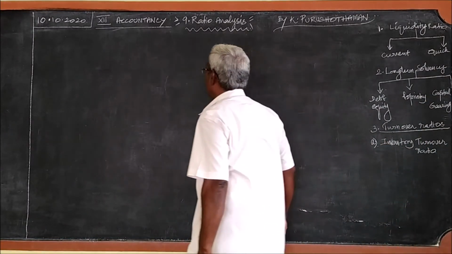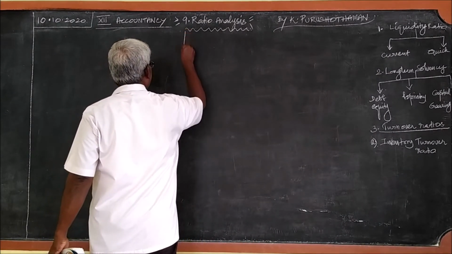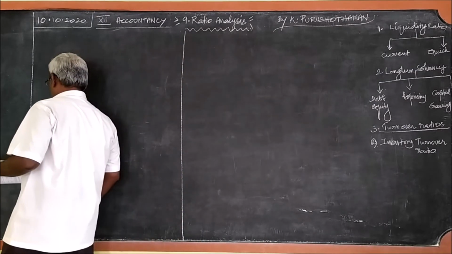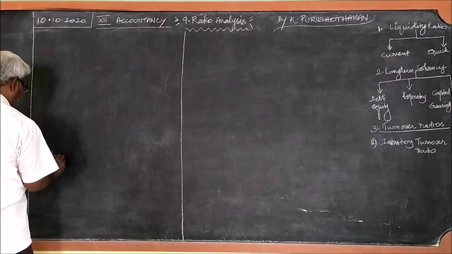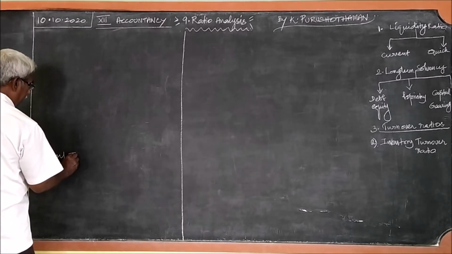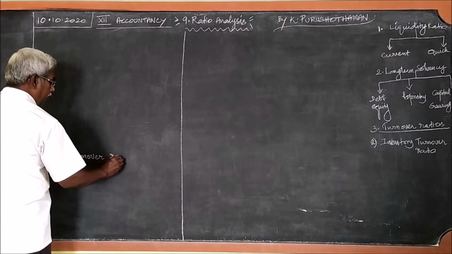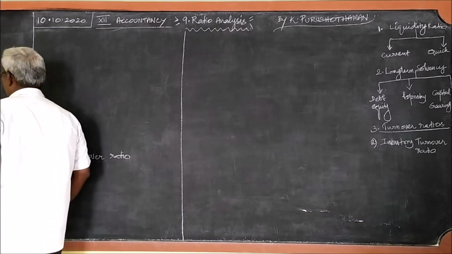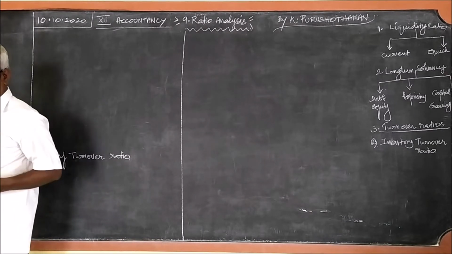What is the formula to find the inventory turnover ratio? Inventory turnover ratio is equal to, as usual, there is a numerator and a denominator.